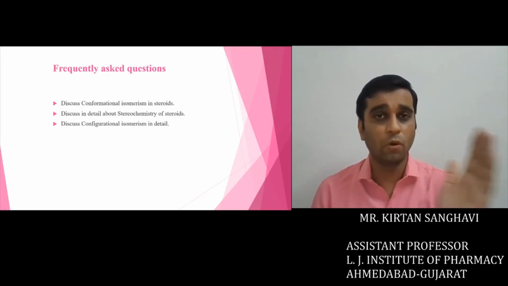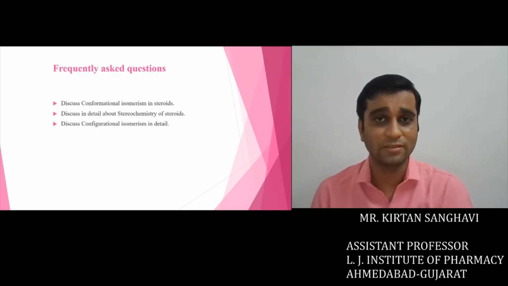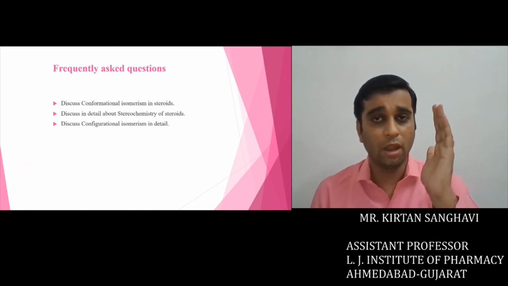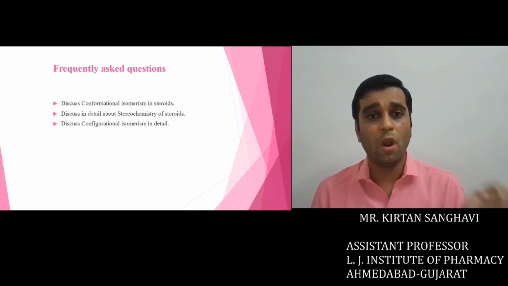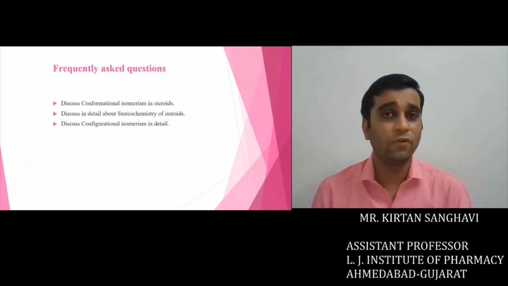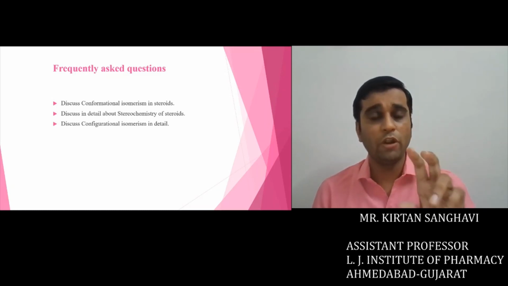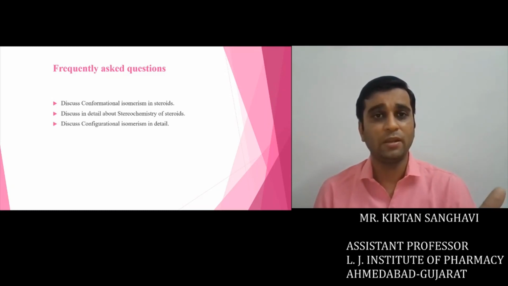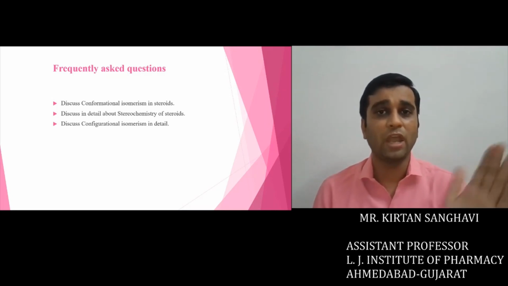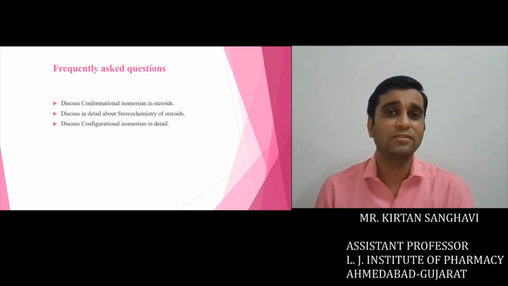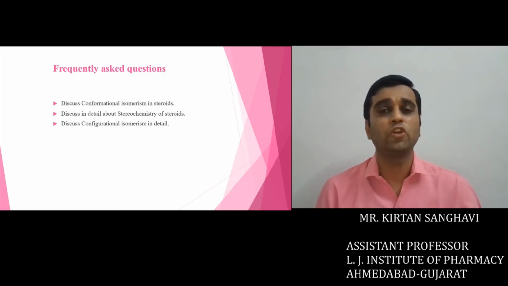Fine. A frequently asked question: if they ask to discuss in detail the stereochemistry of steroids, the whole aspect, you have to discuss the three aspects in the paper. Another is that they ask only conformational isomerism or only the configurational isomers. So make sure when we talk about the stereochemistry aspect, it is not a part of nomenclature, but many times in the exam they ask a combined question, discuss nomenclature and stereochemistry of steroids.